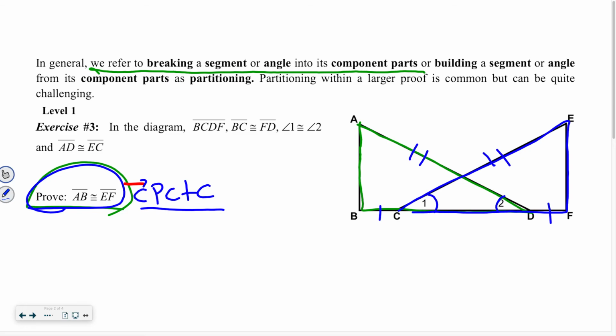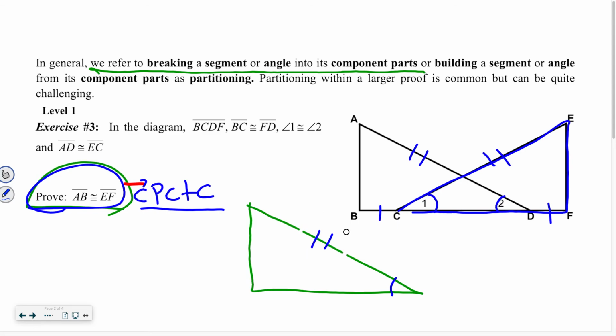Great. Well, what is all this saying? If I take this piece out here, and I say, well, here's angle 2, and I know that this piece is also congruent. So I know that this is a side, this is an angle, and they also gave me a piece of information about BD.